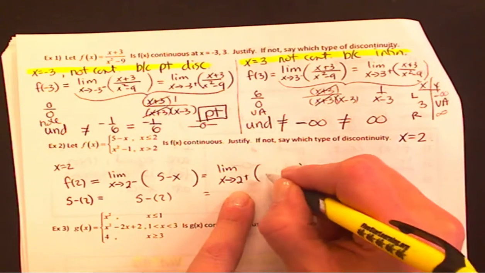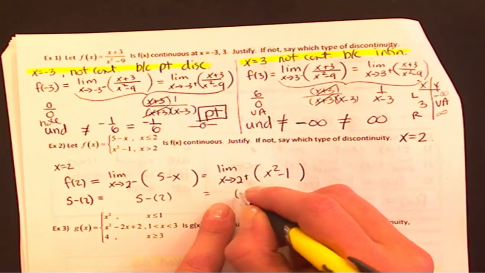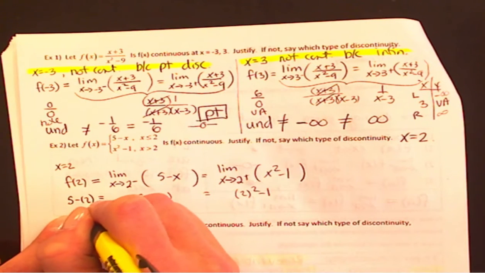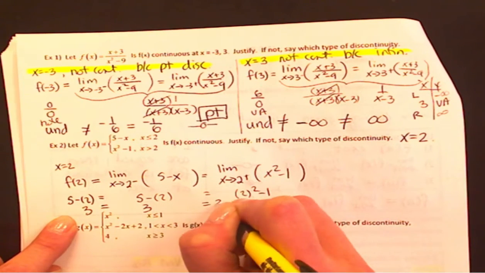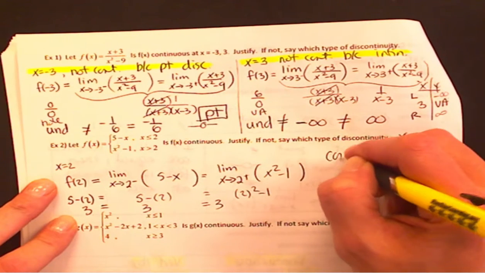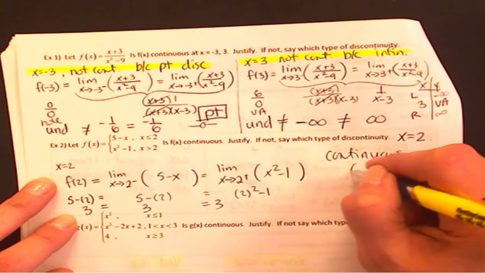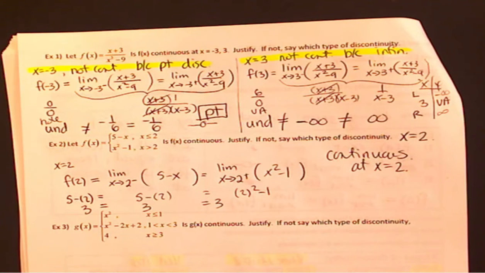To the right is the x squared minus 1, so that's 2 squared minus 1. So we end up with 3 equals 3 equals 3. Continuous at x equals 2. Why? Because the point and the limits were the same.